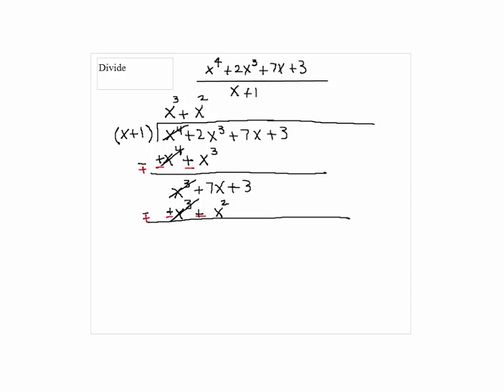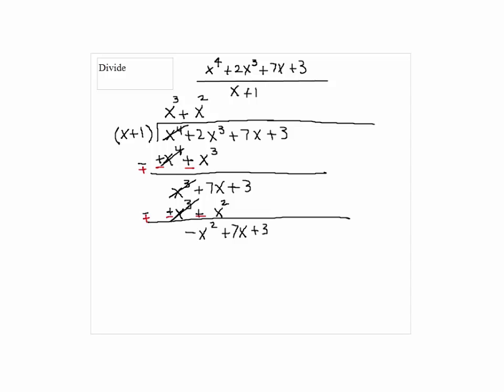And here we have to subtract. When we subtract, we change sign to addition and change the sign of each term to its opposite side. So x to the power of 3 and x to the power of 3 add up to 0 when we have one positive and one negative. And here we have to be careful.